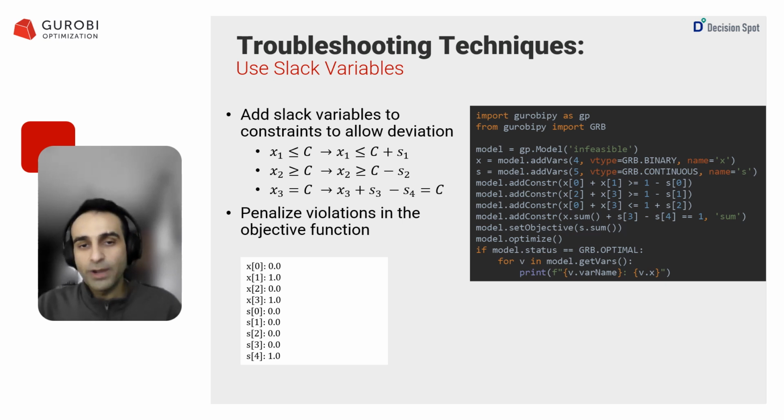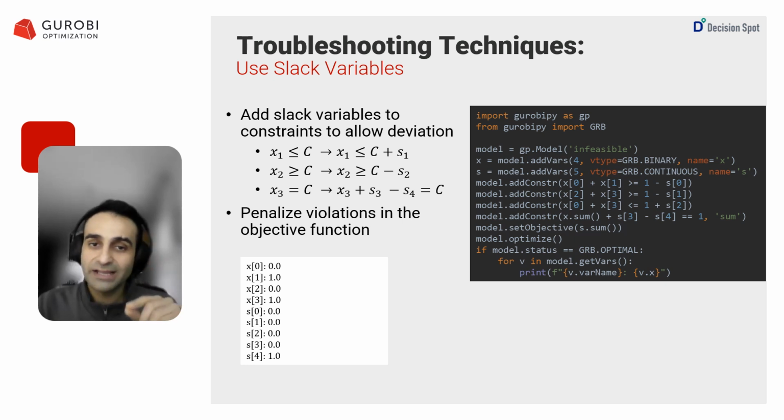Another effective way to manage or even prevent infeasibility is adding slack variables to your constraints and penalizing any violations in the objective function. This technique works especially well when you are dealing with a lot of constraints, making it hard to pinpoint exactly where conflicts are.